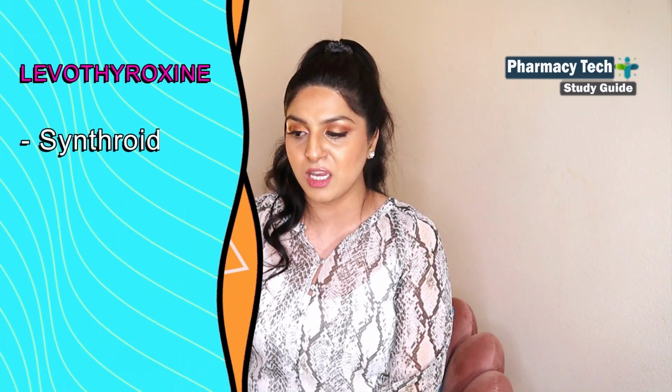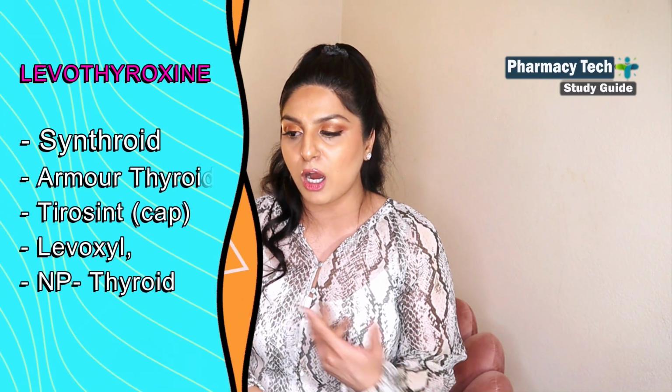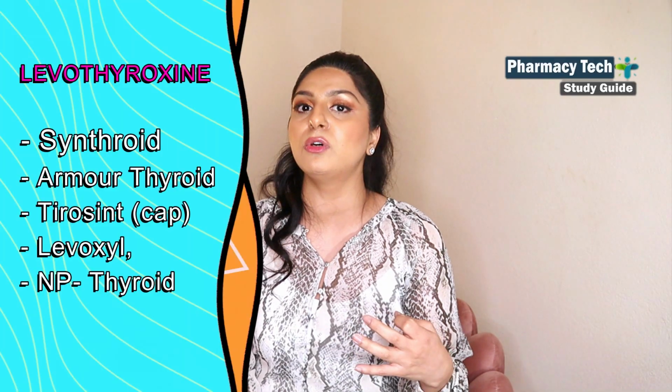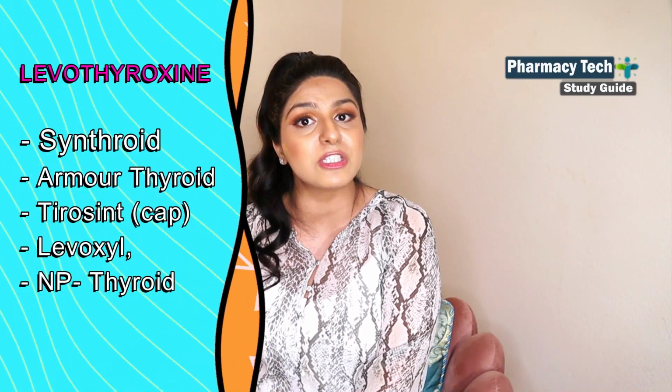Thyroid hormone replacement. Now, a lot of people who have naturally insufficient production of thyroid in their body get thyroid replacement therapy, and the most common one is levothyroxine, and the common brand name for this would be Synthroid. I do want you to remember all these brand names like Synthroid, Levoxyl, NP Thyroid, Armour Thyroid, and if the levothyroxine is dispensed in a capsule form, then the name brand is Tirosint.